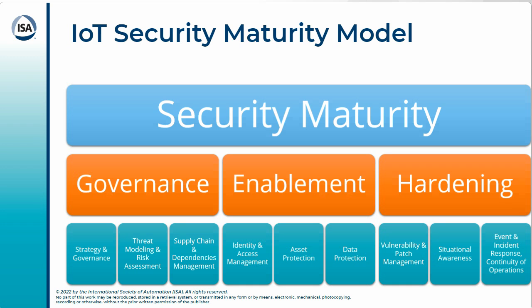That's vulnerability and patch management, situational awareness, and event and incident response, along with continuity of operations. So they've really thought about this in terms of how a product should be built, and how an organization can use these requirements to help build a more secure product.